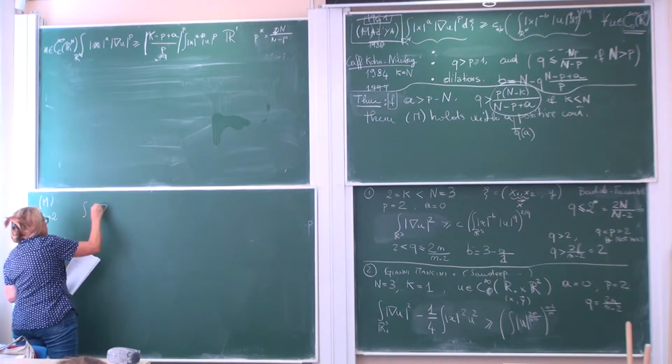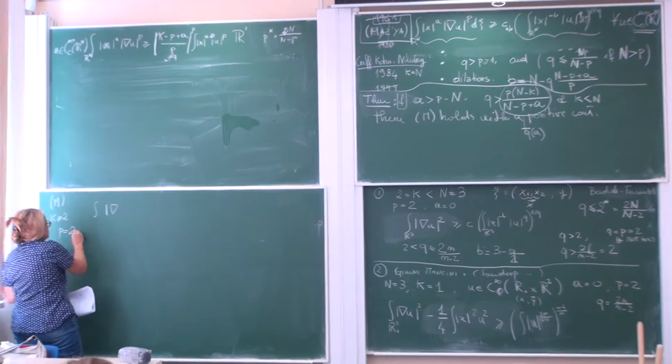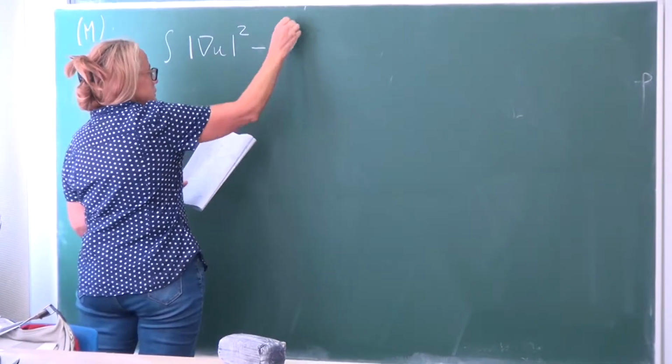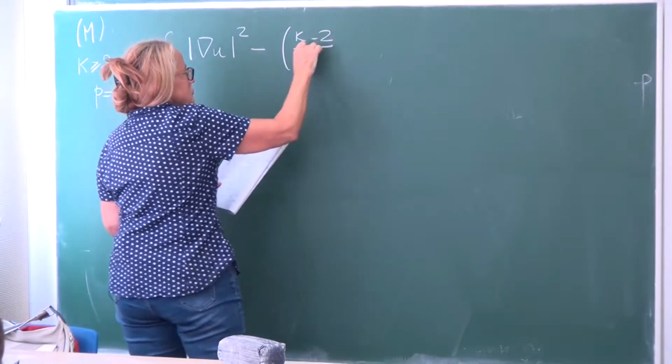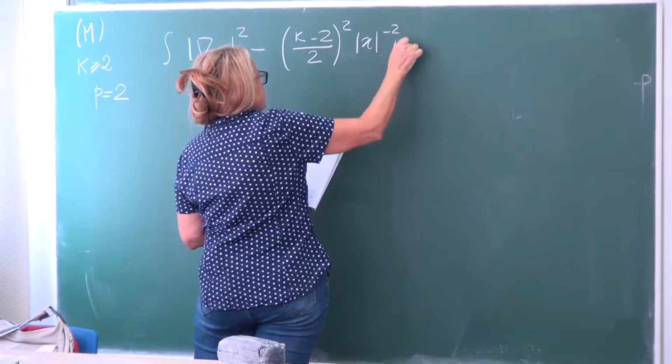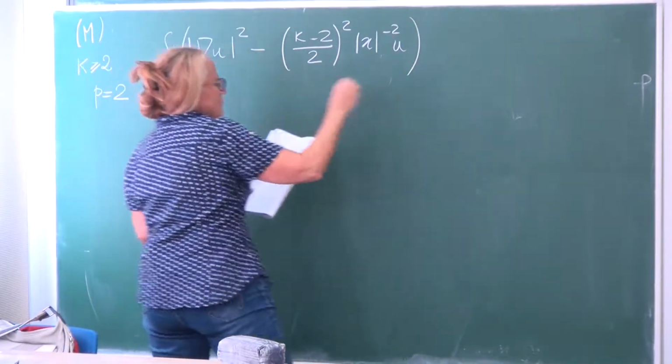A corollary of that inequality tells exactly, in the case p equals 2, that the integral of gradient of u squared minus ((k minus 2) over 2) squared times the integral of u squared over x squared, this is more generally.